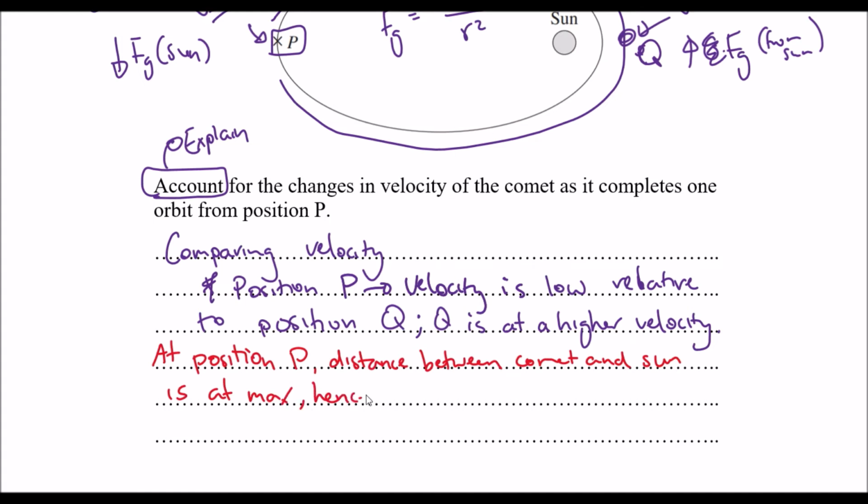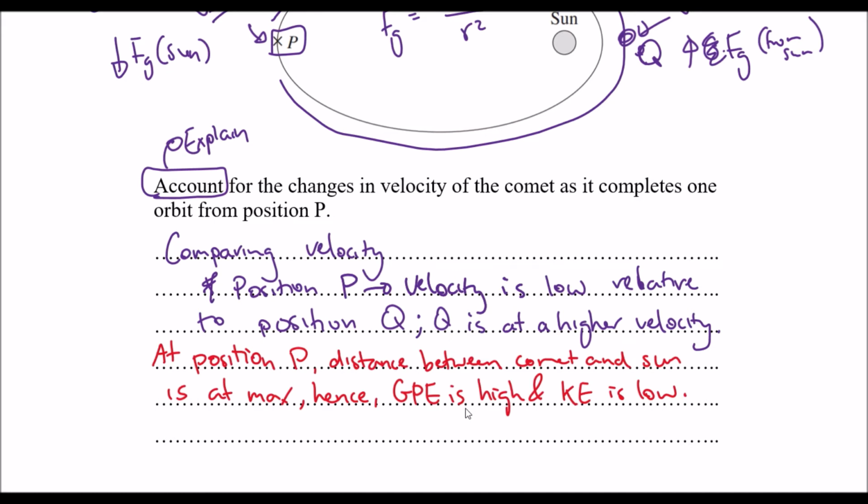As a consequence, hence, gravitational potential energy is high and kinetic energy is low. Okay? As our comet is moving closer towards the sun, it's losing gravitational potential energy and it's gaining kinetic energy.